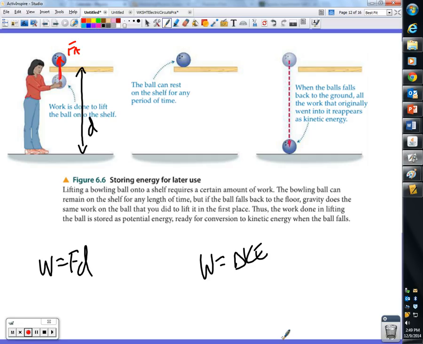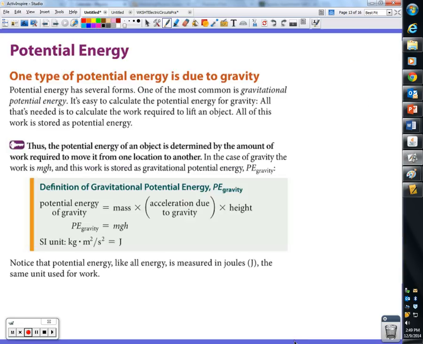If it started at 0 velocity and ended at 0 velocity, it would appear that delta KE is 0. But here, we said she did work, and here it is not showing up as work. That can't be. So what happened? Was it work or was it not work? The answer was, it was work, but it wasn't kinetic energy. That leads us to potential energy.